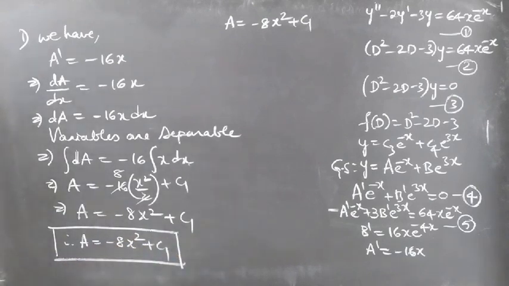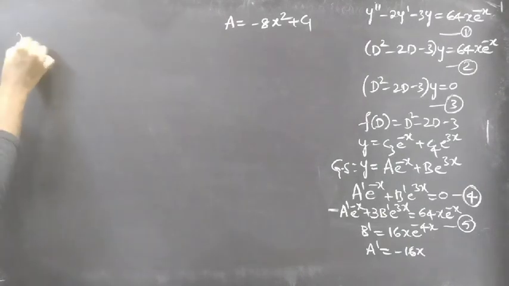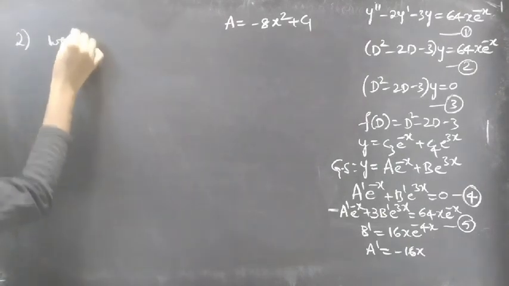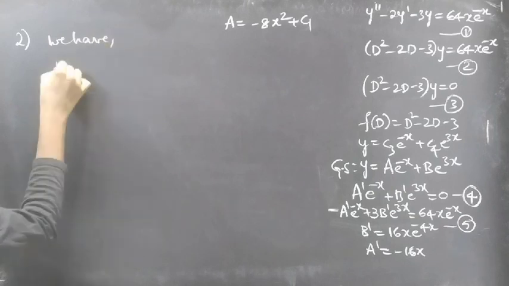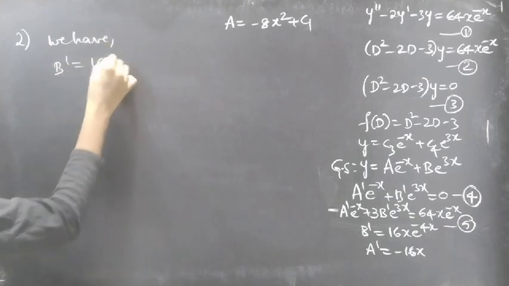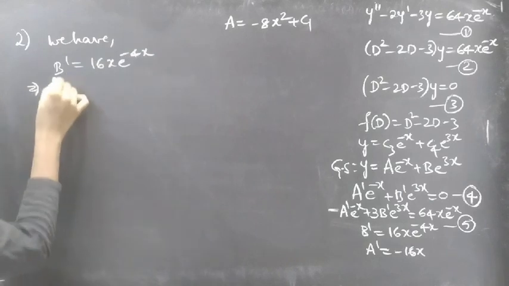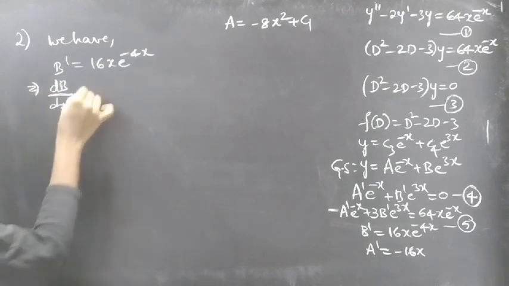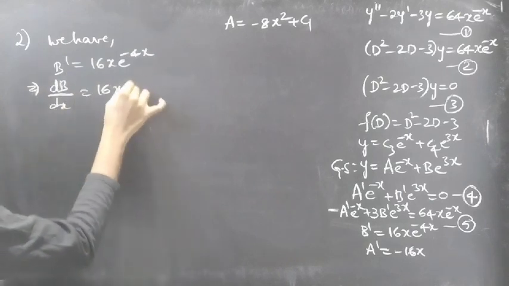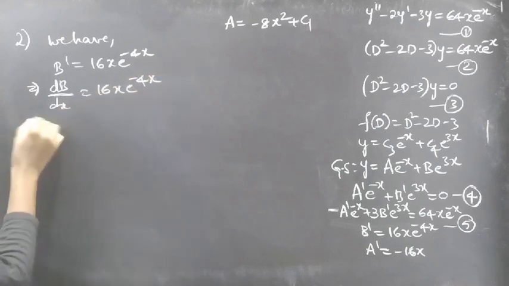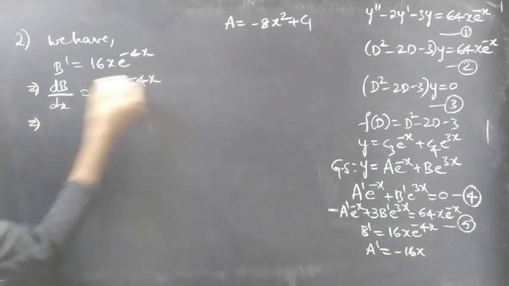Let's now find b using b dash. We have b dash equals 16x e power minus 4x. B dash is nothing but the derivative of b with respect to x. Let's now separate the variables by taking differential dx to RHS.